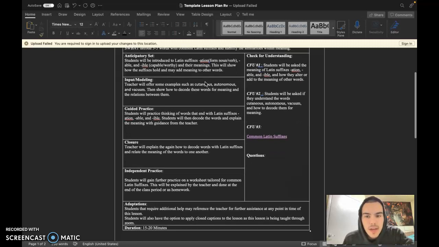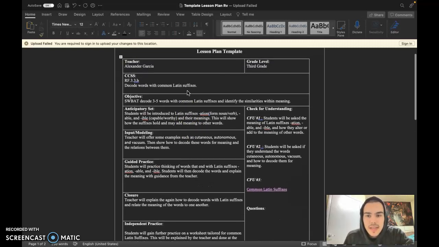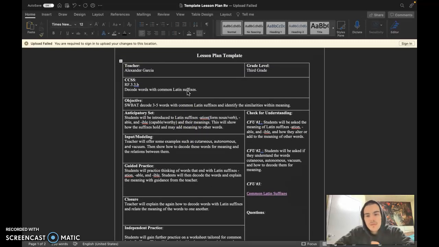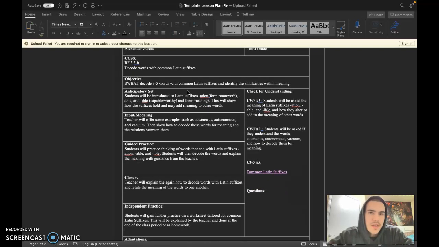This is vital to moving into the next portion of the lesson plan, which is input and modeling. Here we're going to dive deeper and show further examples of how the Latin suffixes actually affect some of the words. It's important that they know the meaning of the Latin suffixes so that they can understand how those meanings change other words within the English language.